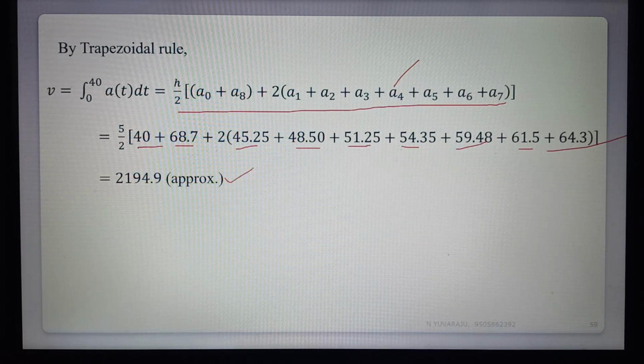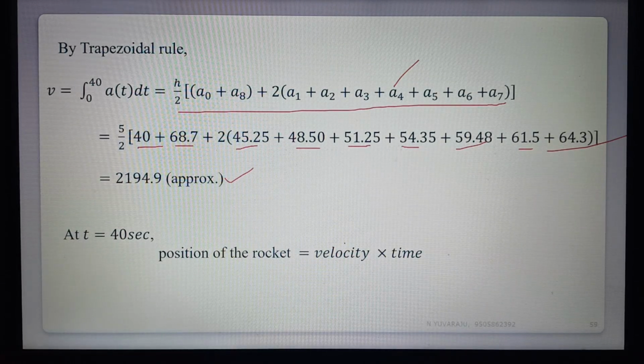2194.9 approximately. This is the velocity after 40 seconds. Next, finding the position of the rocket at 40 seconds. Using this formula, at t equal to 40 seconds, the position of the rocket is velocity into time.